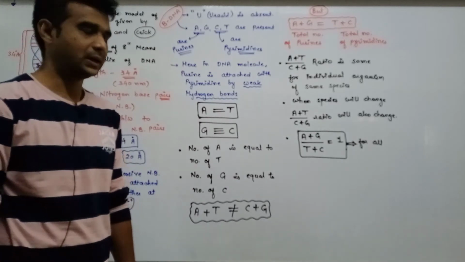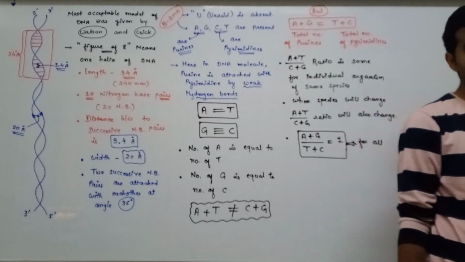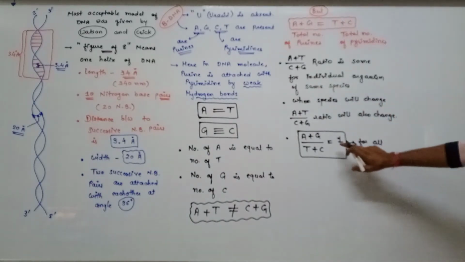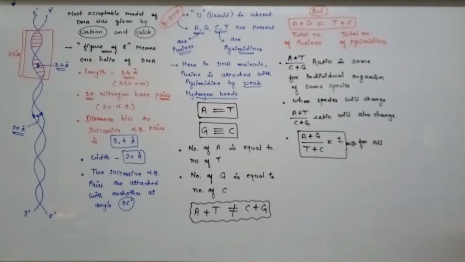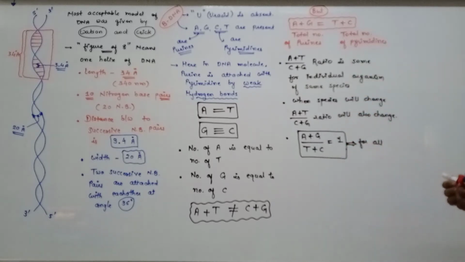A plus G, the number of purines, and the ratio of the number of purines to pyrimidines is always 1. Okay, so this is the remaining information about the most acceptable model of the DNA, that is B-DNA.